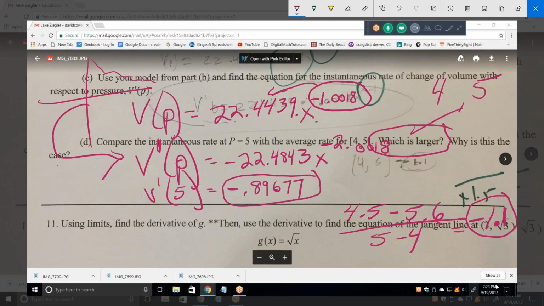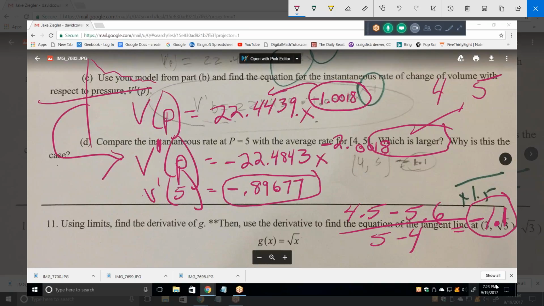I guess it's the case because the change between 4 and 5 is a different number than the instantaneous change at 5. They're always going to be different. It's very rare that your average rate of change will be equal to your instantaneous rate of change at a point.